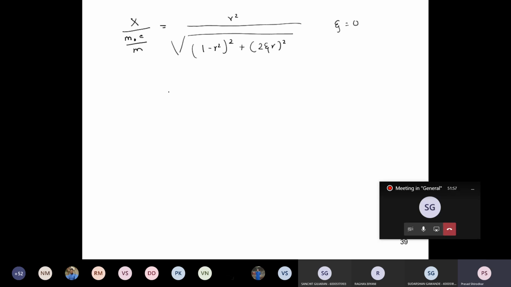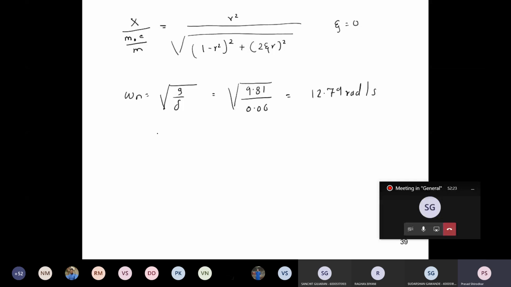Now omega n is equal to square root of g by del, that is square root of 9.81 divided by 0.06 (60 mm), which is equal to 12.79 radians per second.